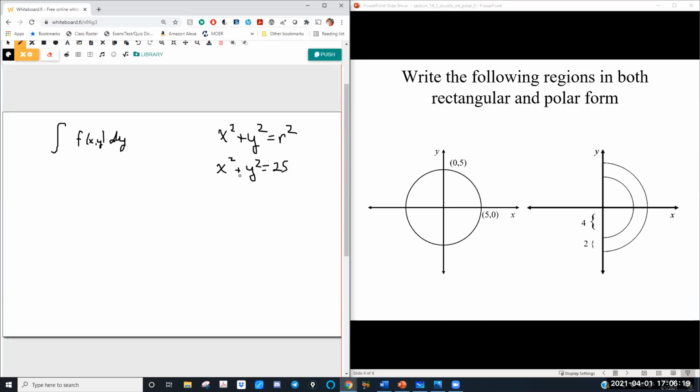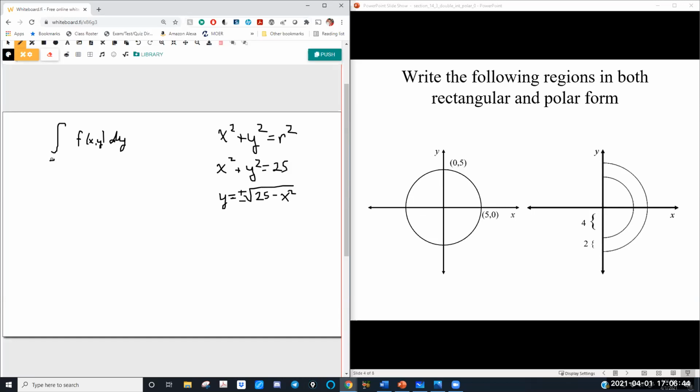Because when we solve for y, we get the square root of 25 minus x squared. Now, if that's all I have, that only accounts for the top half of the circle. So when I'm solving, I end up taking the square root of both sides, which introduces the plus minus, the negative being the bottom half.